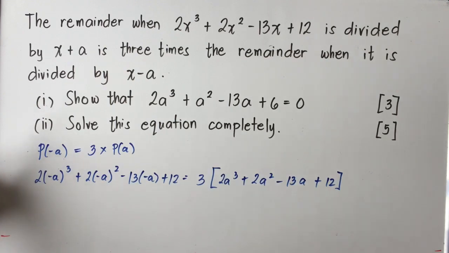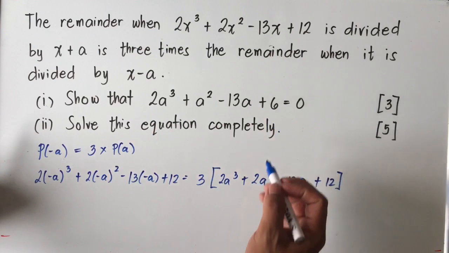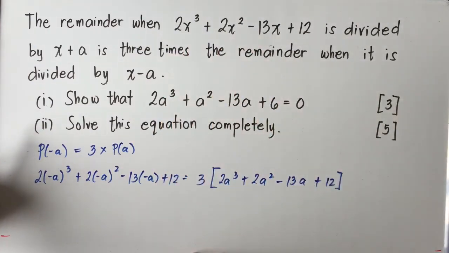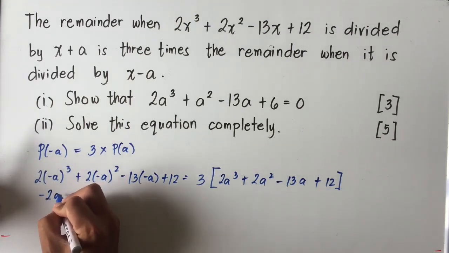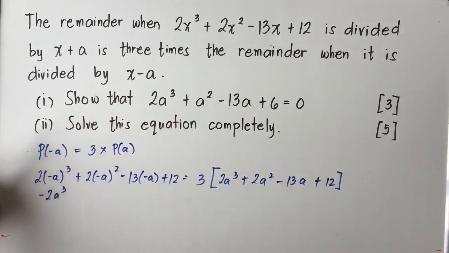Now I can simplify this, because all of the x's are now changed with a. So I can have negative 2a cubed, because negative a cubed times 2 is negative 2a cubed.